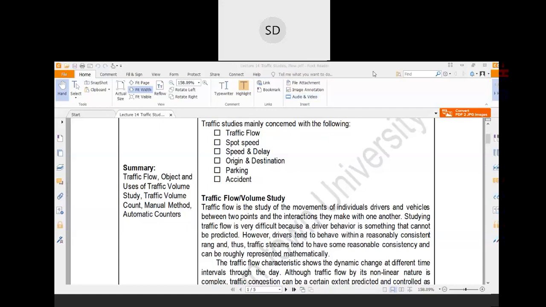Now, as we have discussed already in different sections, traffic flow or traffic volume is nothing but the number of vehicles crossing a particular section of the road in unit time, and it is generally expressed as vehicles per hour.